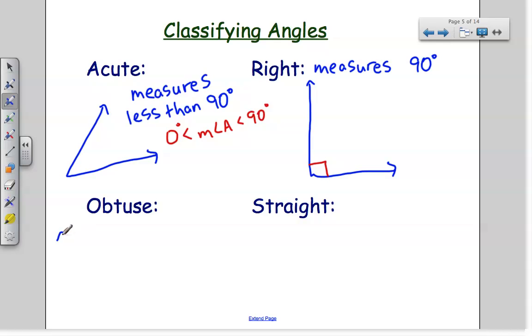What about an obtuse angle? I'll put an example of that. An obtuse angle measures what? You should be thinking more than 90 but less than 180.